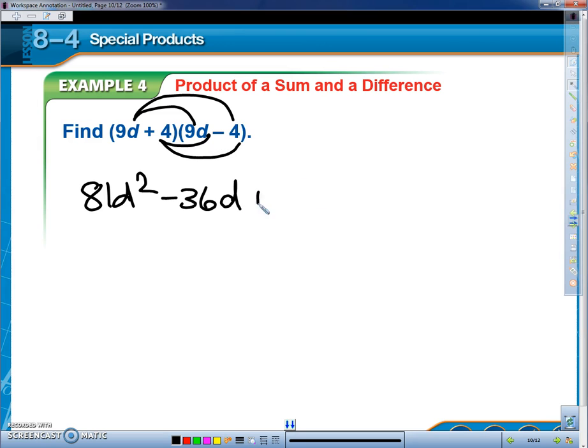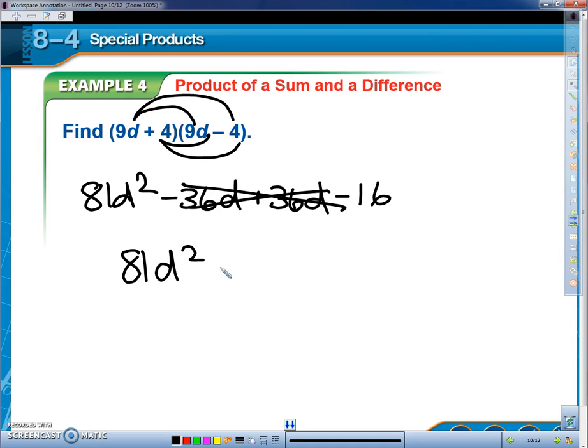Right here, we've got positive 36d, and we've got minus 16. Well, a positive and a negative cancel each other out. So we're left with 81d squared minus 16.